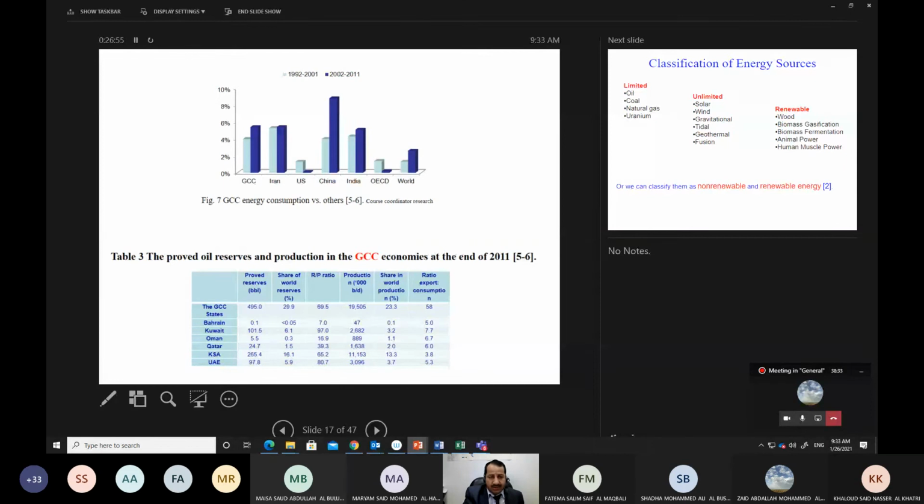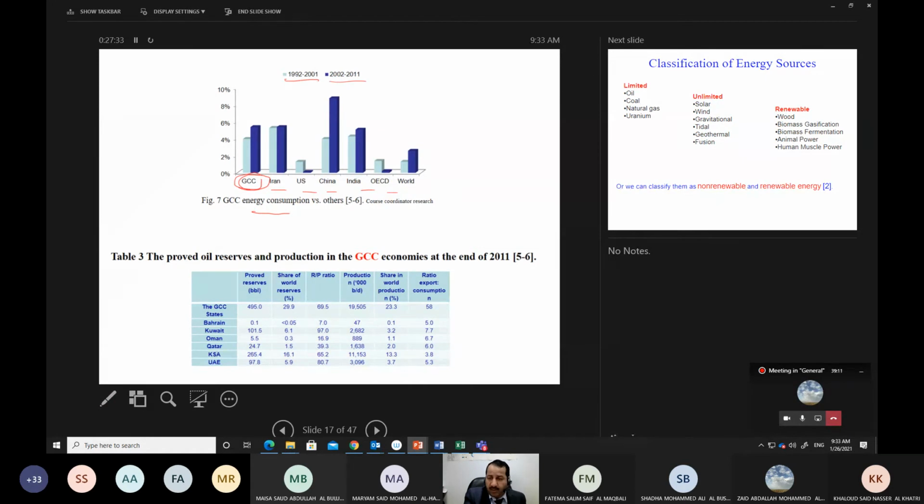One more point I would like to add here, and then I will answer the question I just mentioned. Here this is around 2 decades, from 1992 to 2001 and 2002 to 2011. I'm trying to compare energy consumption in some regions: the GCC region, Iran, US, China, India, and so on. The GCC region is 6 countries: Kuwait, Qatar, Kingdom of Saudi Arabia, United Arab Emirates, Oman, and Bahrain.